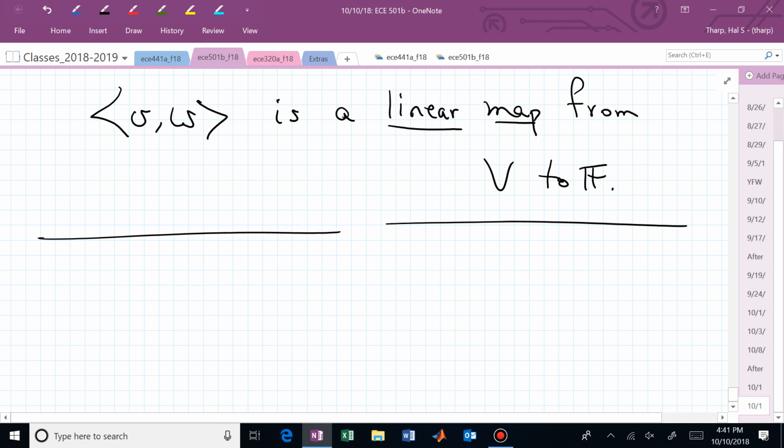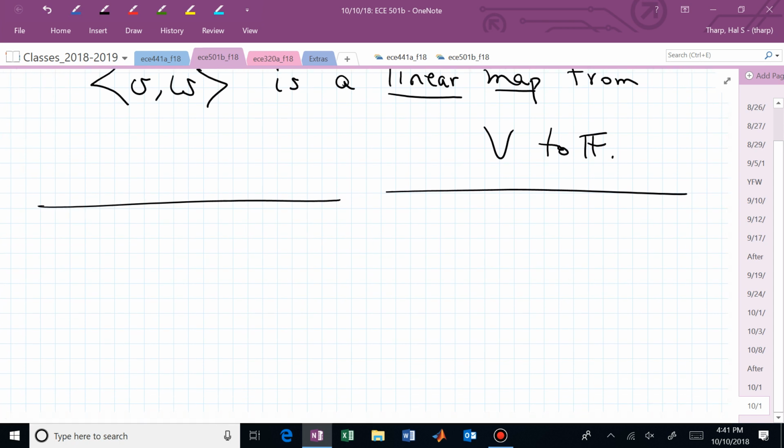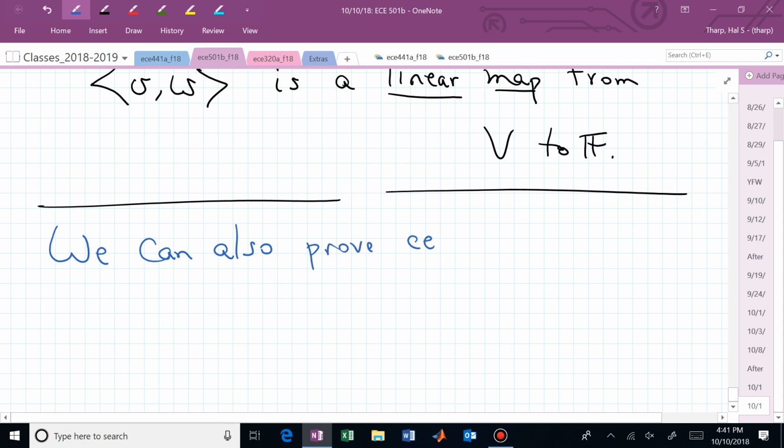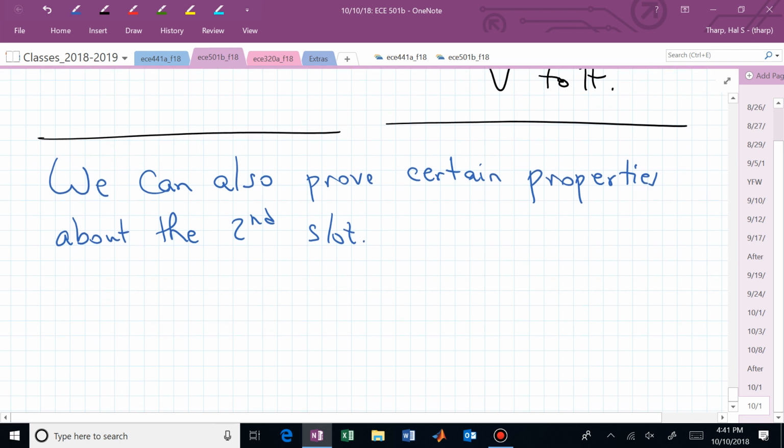We can also look at properties dealing with the second slot. So we can also prove certain properties about the second slot.